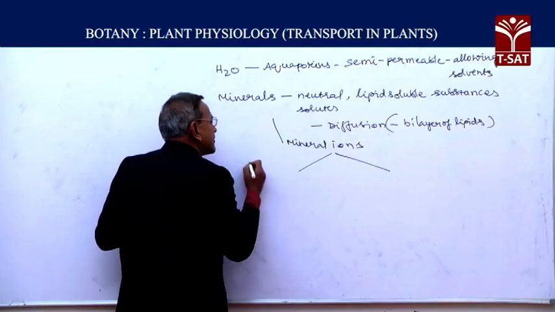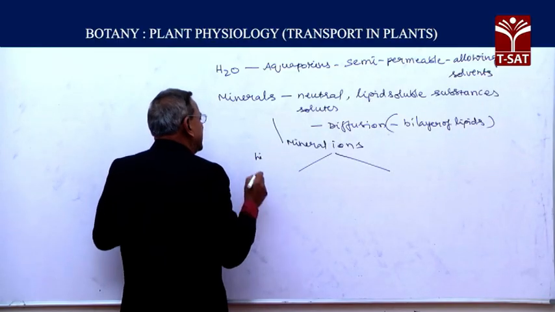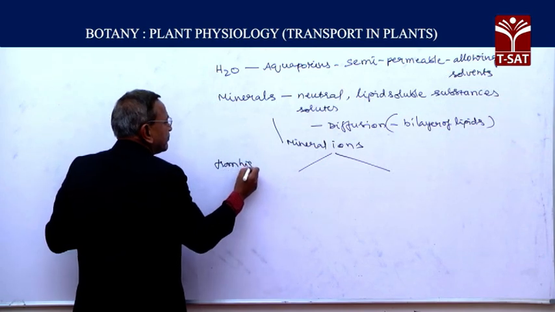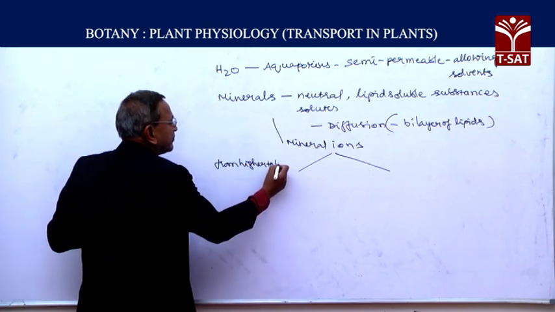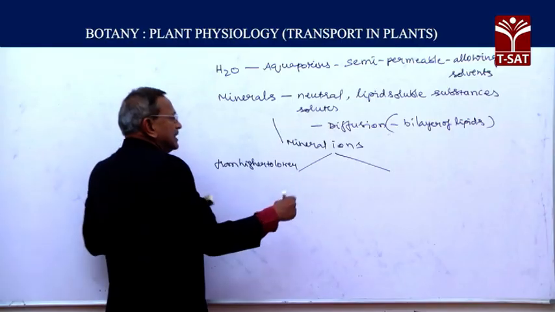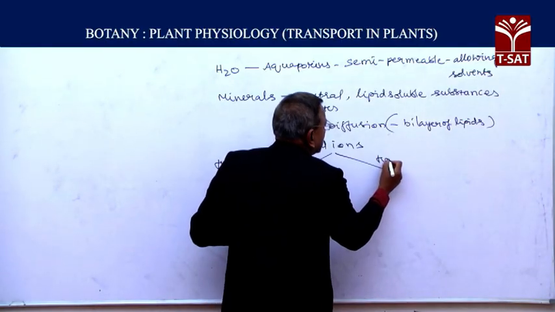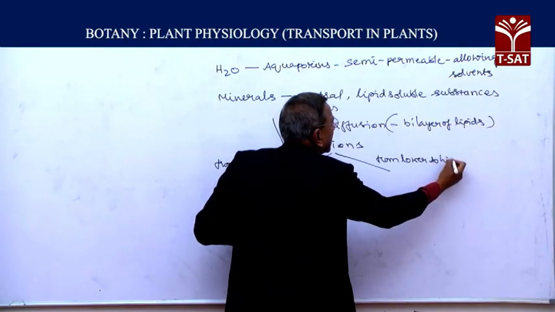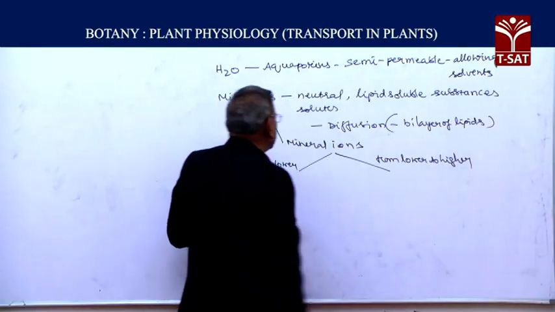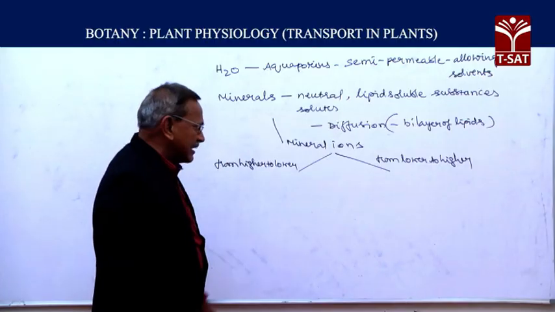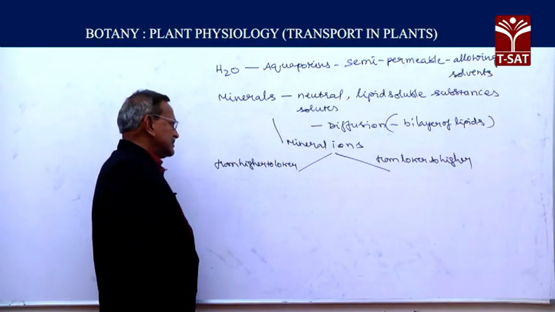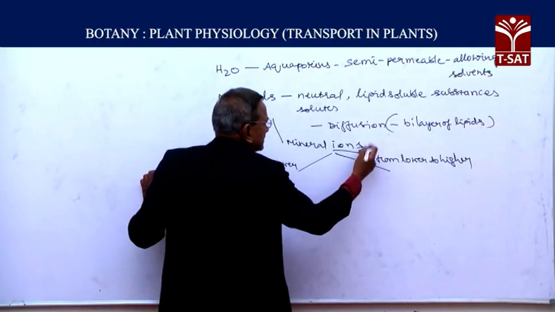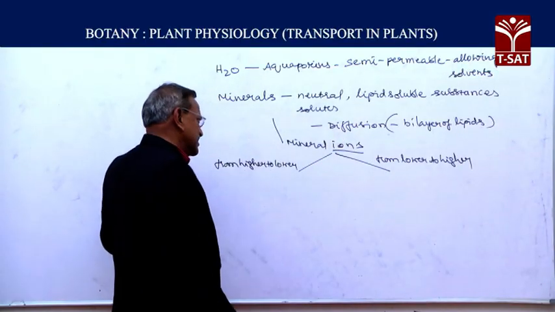One is from higher to lower, the other is from lower to higher. The mineral ions from higher to lower, since these are ions, simple diffusion is not possible.